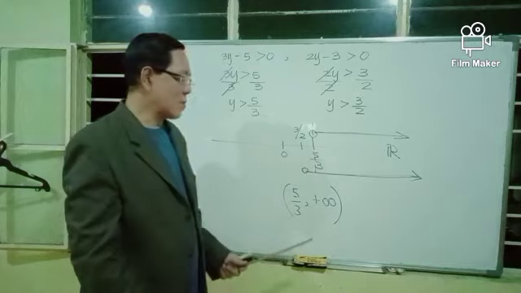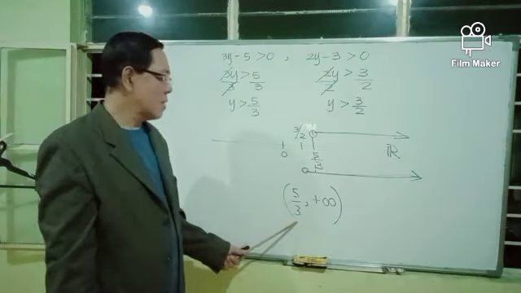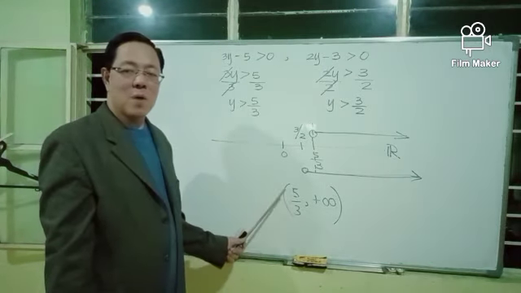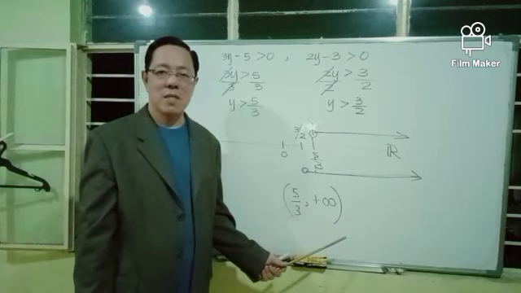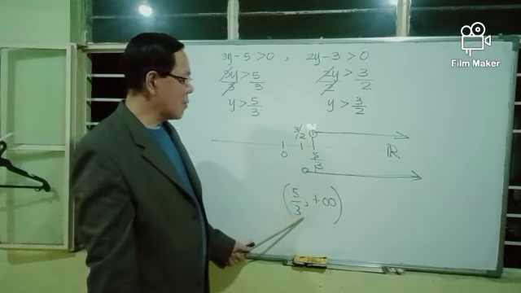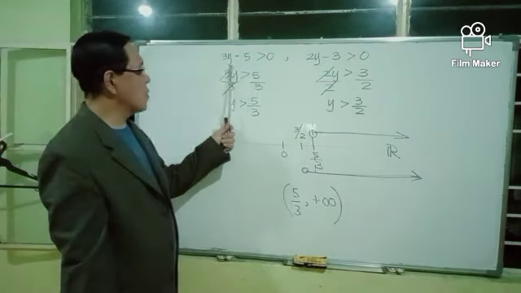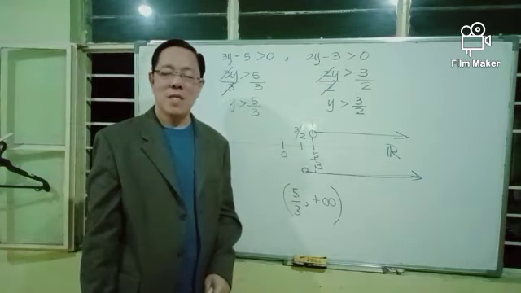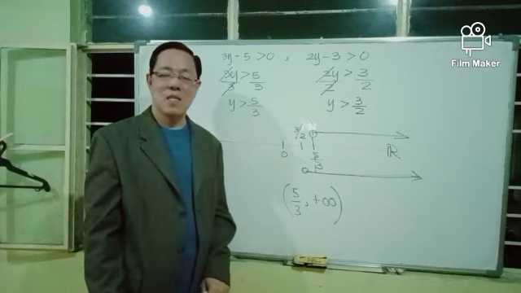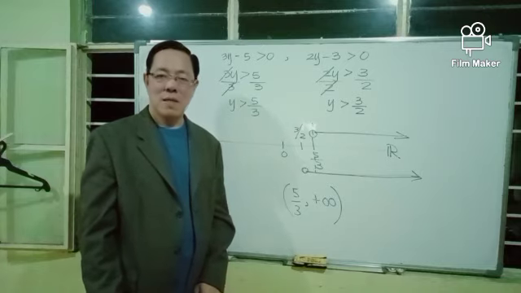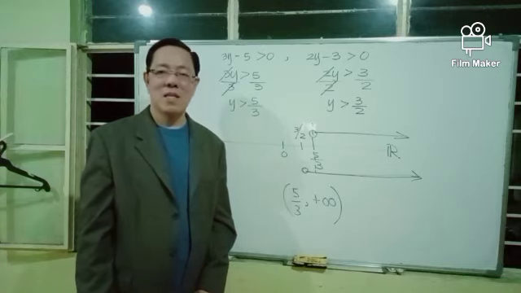And this is the solution of case 1, the open interval from 5 over 3 to positive infinity. All the real numbers that are greater than 5 over 3 satisfy both of these inequalities, and the quadratic expression would be positive or greater than 0.